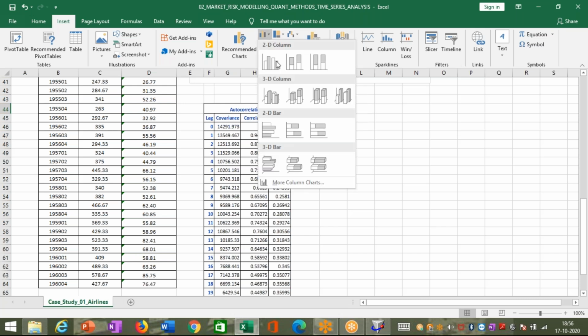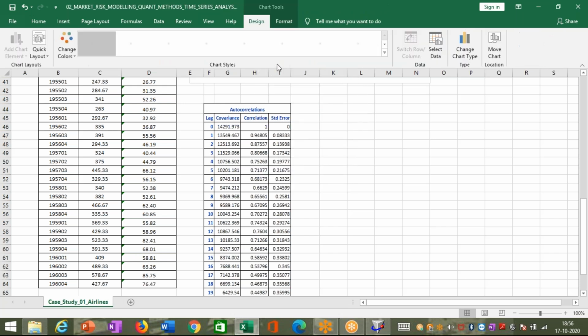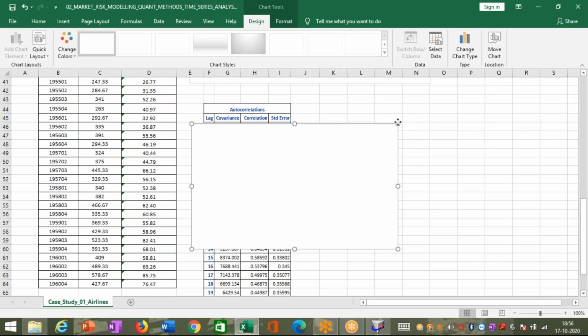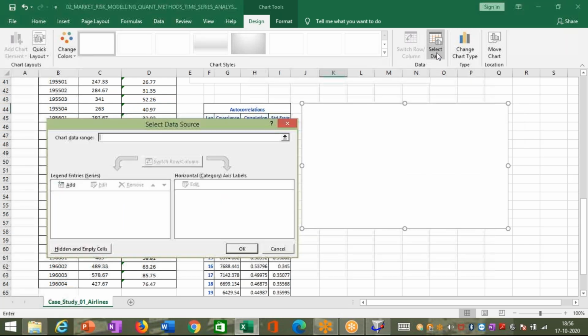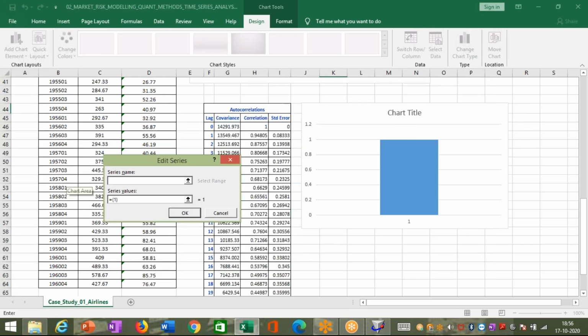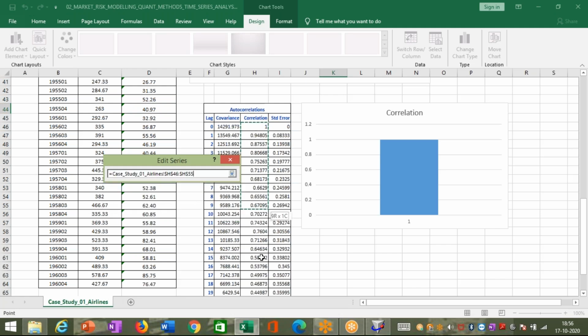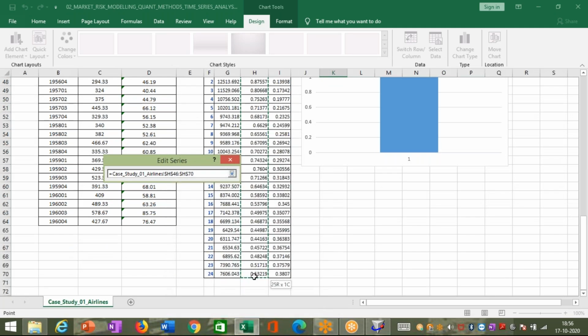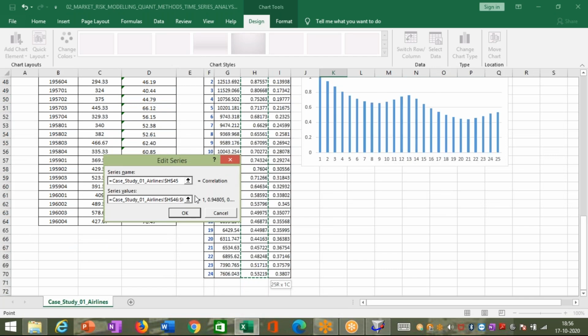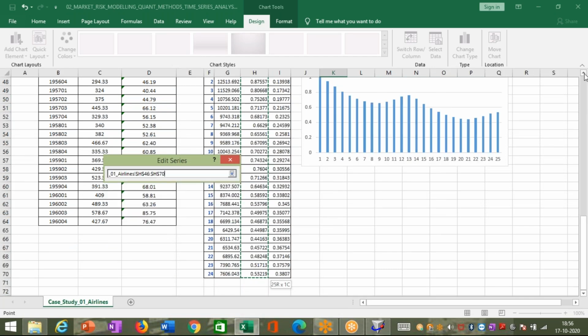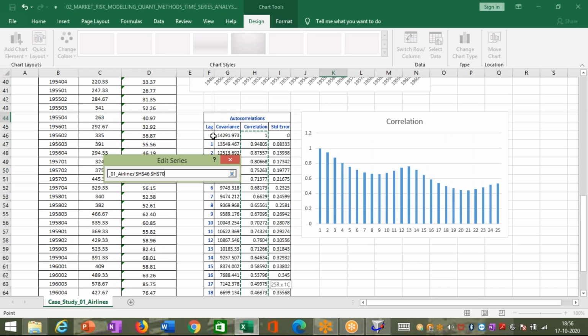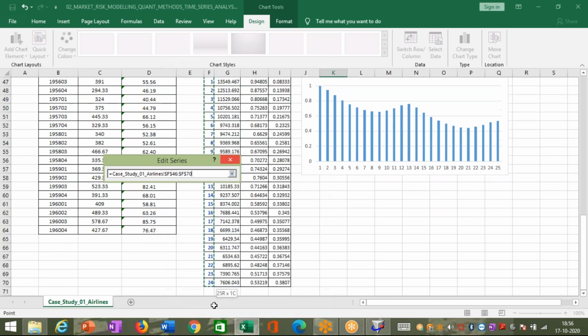Okay. So this is the correlation. Now this is the lag.